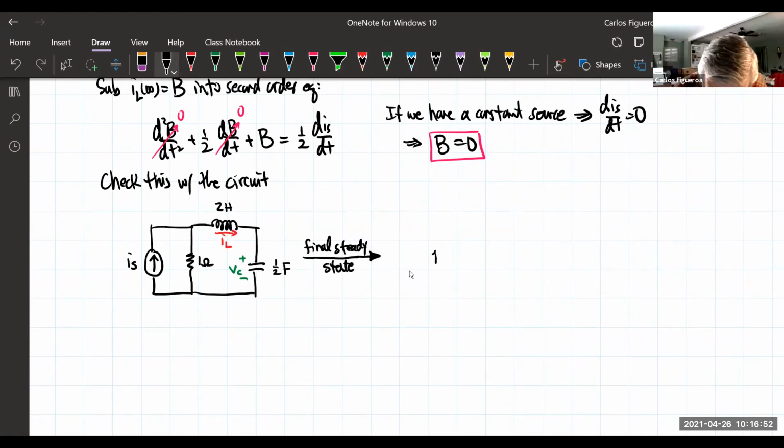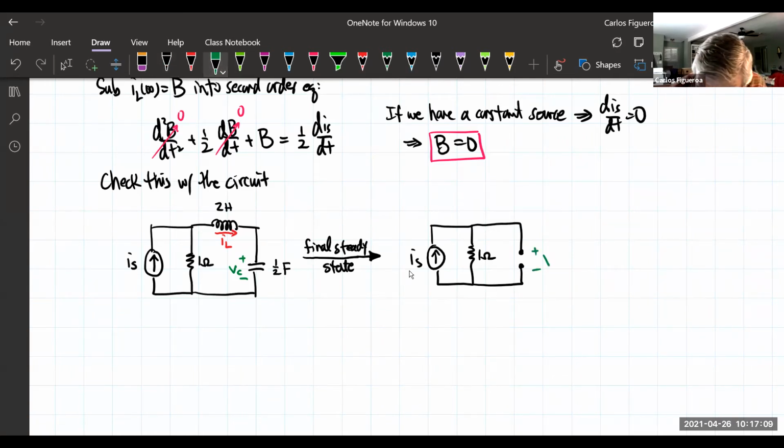Well, I have a current source and I have a resistor. The inductor should go to a short, and the cap should go to an open. So that means that this guy is going to be VC of infinity, and in this case it should be the voltage of the 1 ohm resistor at infinity. And then the current of the inductor, since that's going to be an open, is 0.